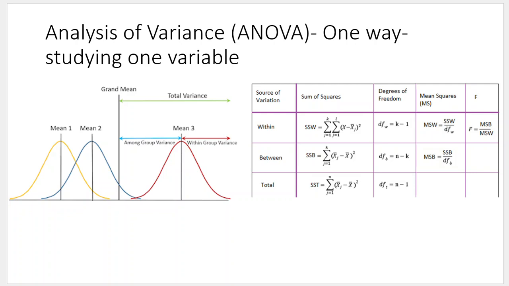We're interested in the means of the 3 groups and the variance both among the groups and within the groups. And you calculate all those formulas, basically the smaller the within group variance, and the bigger the mean difference between the three groups, then the bigger the F statistic is going to be.